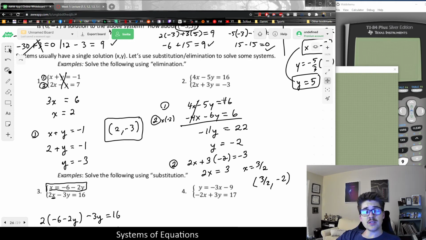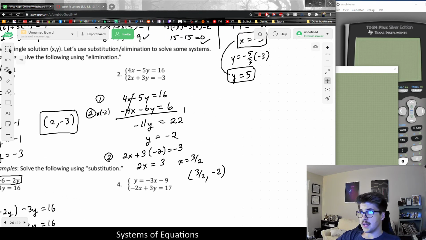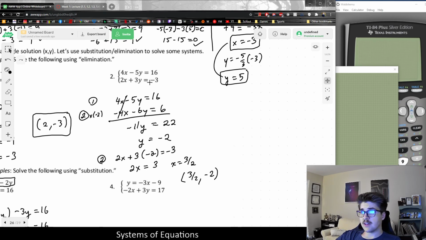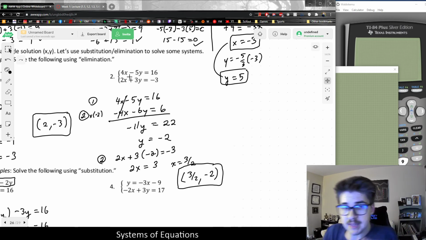And what I said is that you don't necessarily have to eliminate x, you could also eliminate y if you prefer. So let's just kind of check it. Let's see if we were to do it by eliminating y, would we get the same answer? And of course we would get the same answer because the solution doesn't depend on how I do it. It is just the generic answer. And however I do it, whether I graph it, whether I use substitution, whether I use elimination of x or y, all of those methods should come up with the same solution because it's just the right answer.